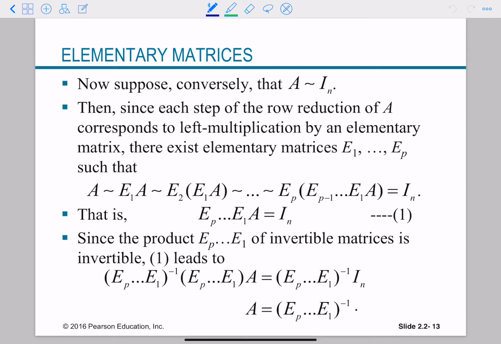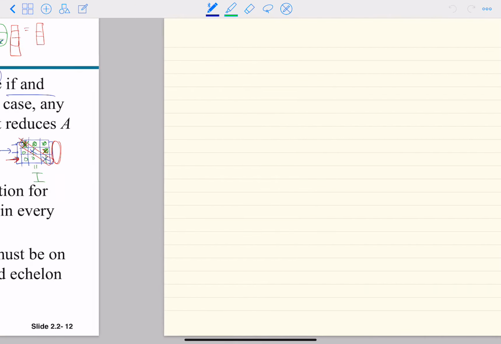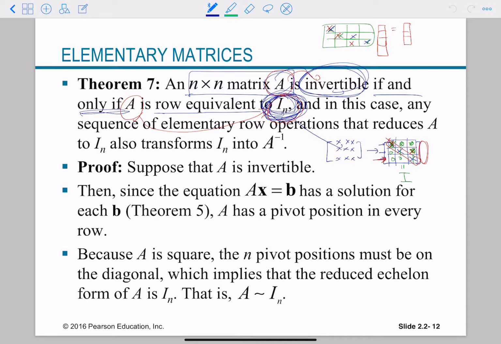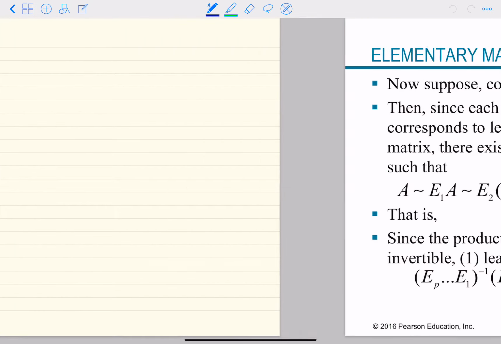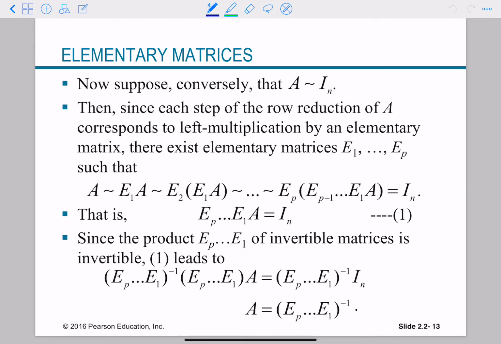So in that case, we can consider the elementary matrices corresponding to our row operations. We learned that we can always represent each row operation as a matrix multiplication on the left of the original matrix, E1 and E2 and so on.